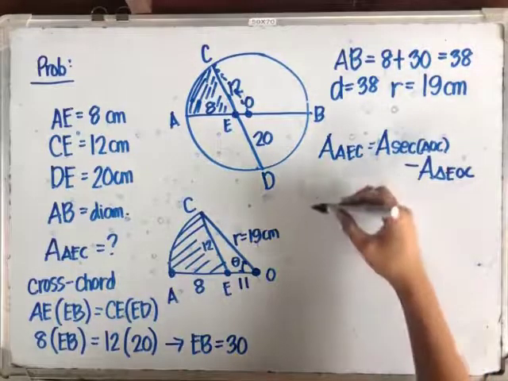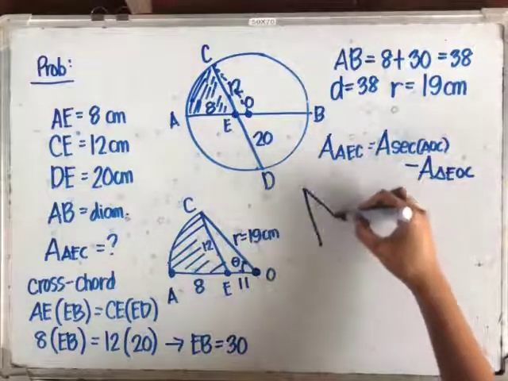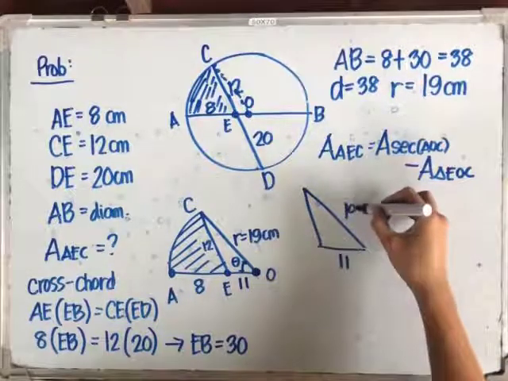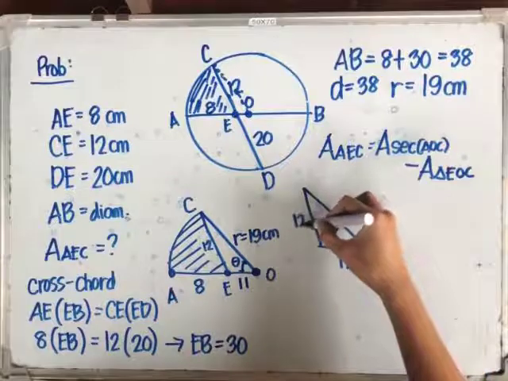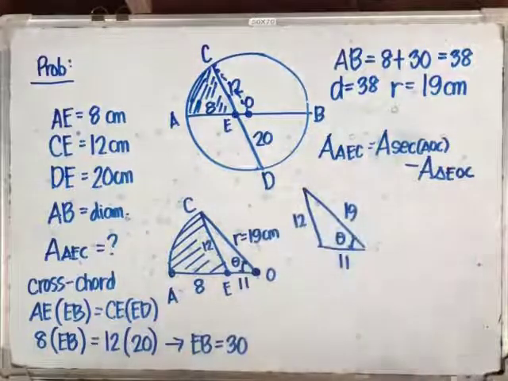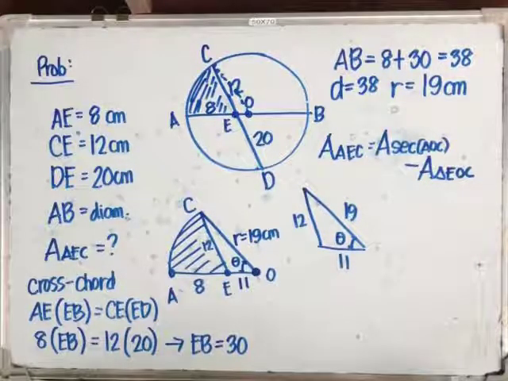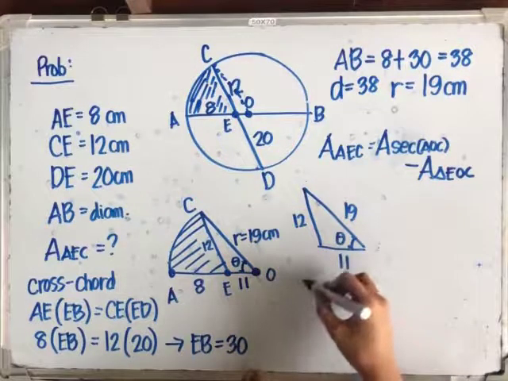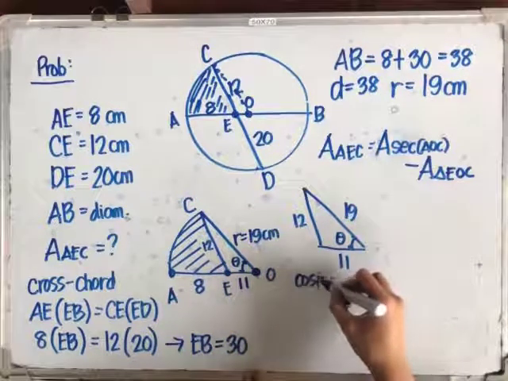Now we have this triangle. Oh, may triangle tayong nakikita ganito. 11, 19, 12. And we want to get this angle theta here. How do we get angle theta? By our cosine law.